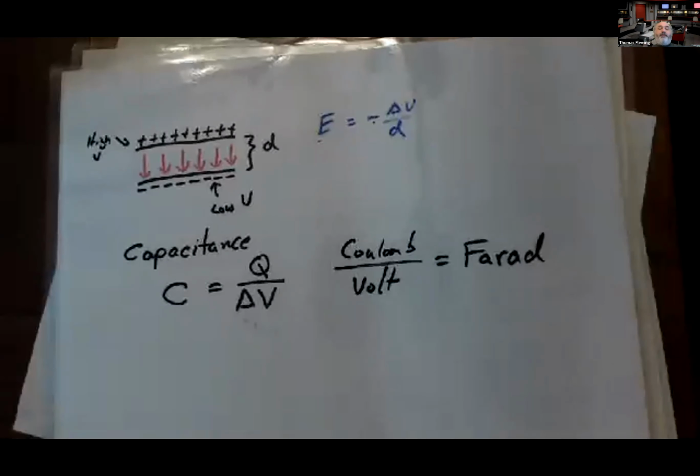Now, I should warn you in advance that a farad is a huge unit, and you will almost never see a 1 farad capacitor anywhere. It's very difficult to create one. And so as a consequence, you should probably get used to seeing much, much smaller units.